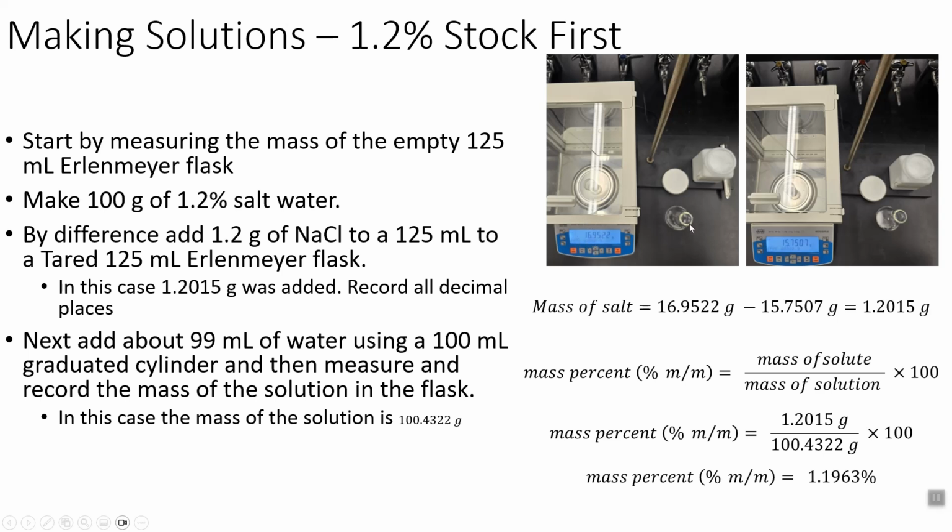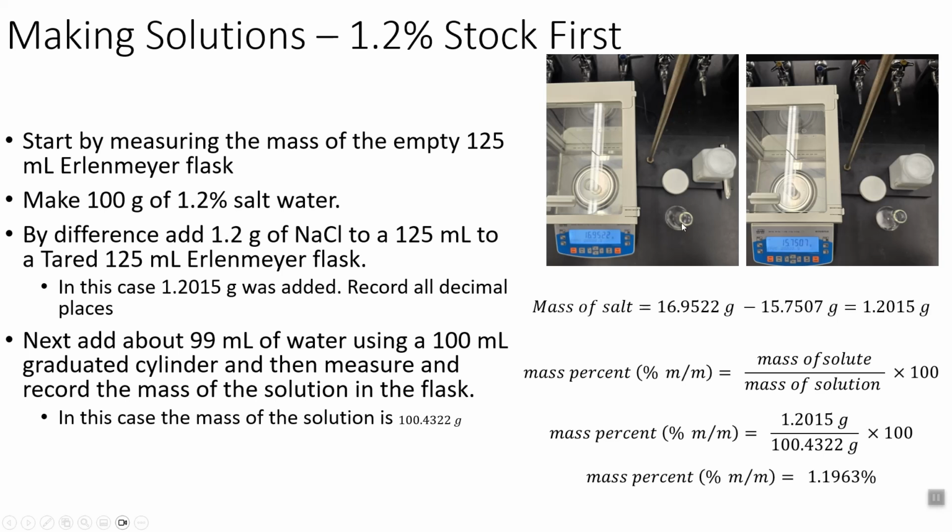We're then going to slowly, over several times, spill out the salt such that 1.2 grams are spilled out. Since this is 16.95, we want to go down to about 15.75, being conservative at first so that we're not going to overshoot it. It's a good idea if this flask is dry. It's absolutely essential that the weighing bottle is dry.